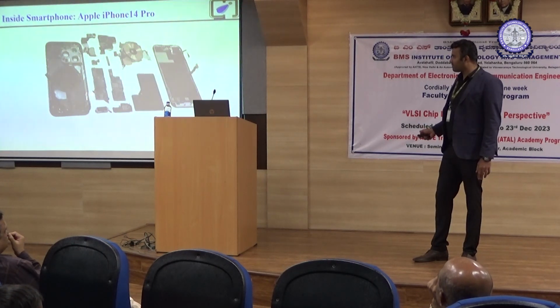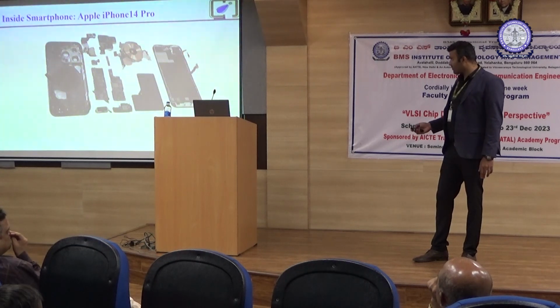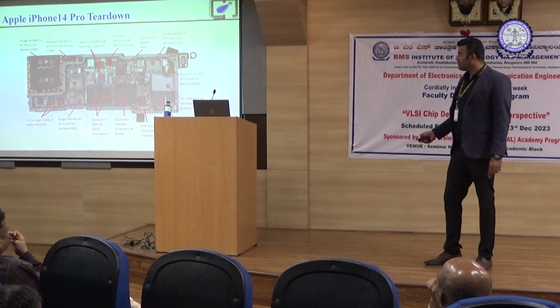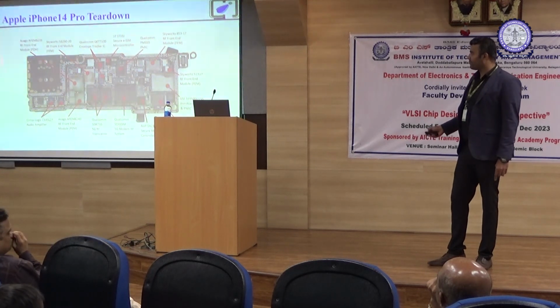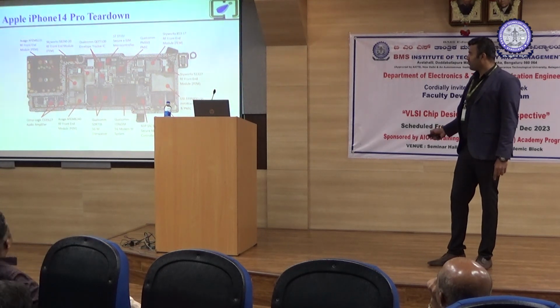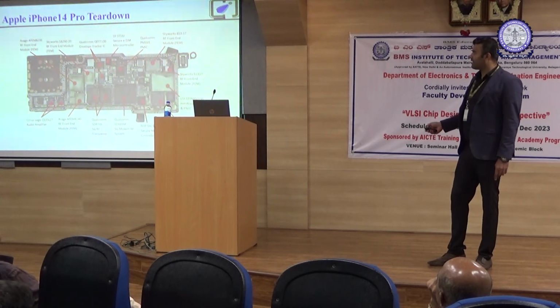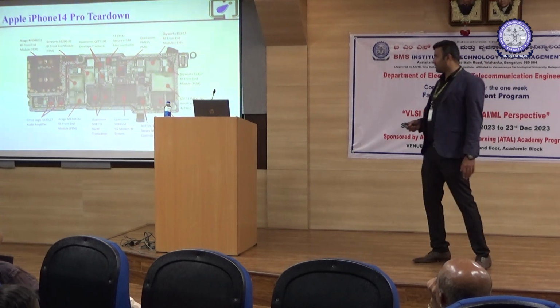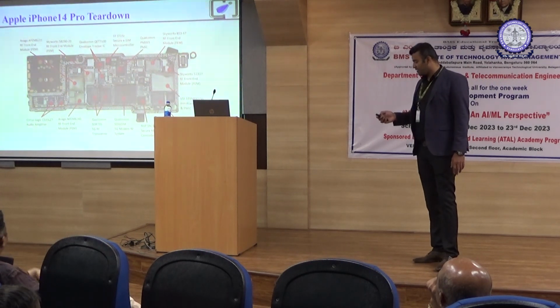We have considered this part, and I am right now showing you different modules inside this particular SoC. We are having RF module, we are having antenna and everything in this part. So this is the tear down of, we can say, Apple iPhone 14 Pro. Not the whole part tear down, rather one particular part we have considered for this example.